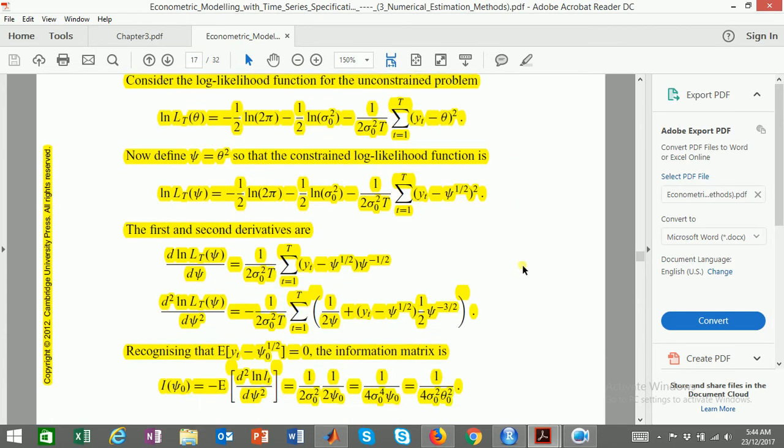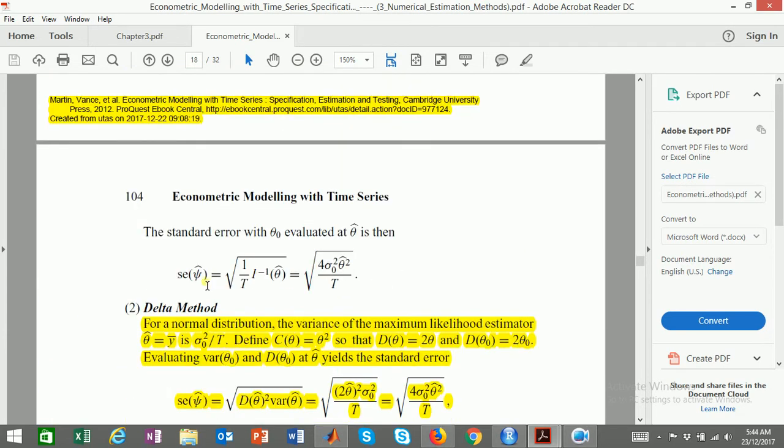It gives us standard errors. So we can then simply find standard error of theta with this.